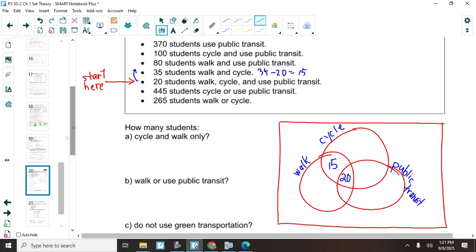That's my intersection between walk and public transit, my eyeball. I've already accounted for 20, so I go 80 minus 20, that's my 60. Then I'm just going to continue going up. If you want, you can check these off as you go.